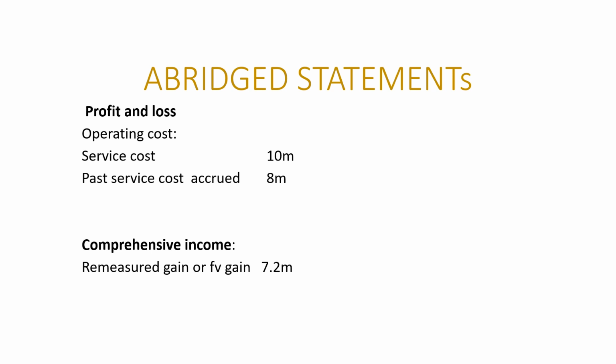Then for the comprehensive income, you must remember those items that will be treated under the comprehensive income. You find out that fair value gains are part of it. And we have fair value gains of the sum of 7.2 million from both the assets and the liability.